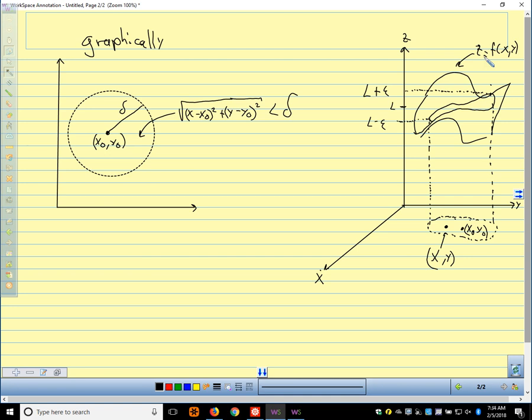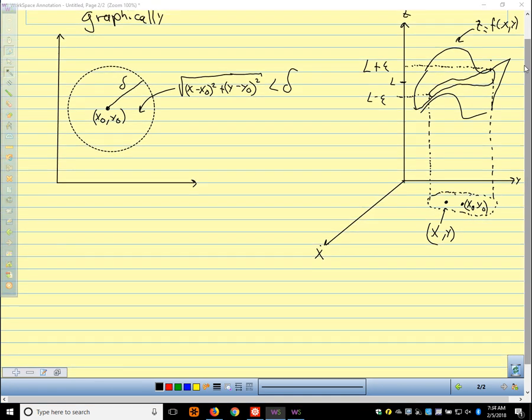All right. So a couple of important differences for multivariable limits and single variable limits. First, there is no multivariable L'Hopital's rule.